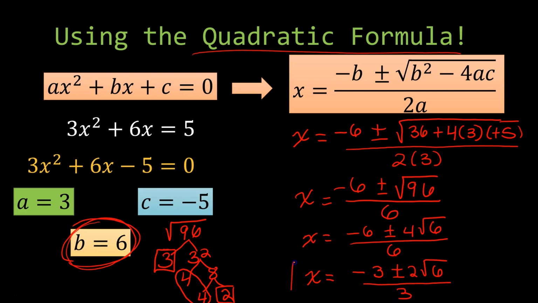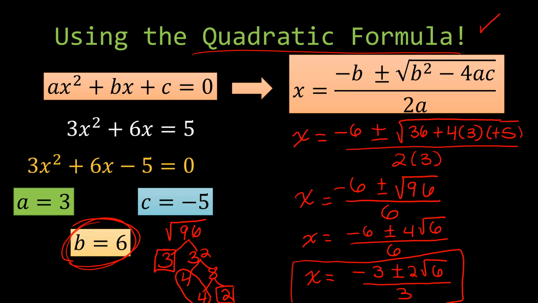And we have seen this solution in the previous slide. Okay, that's the same solution. So when things are not factorable, you could either complete the square or use the quadratic formula, whichever you choose.